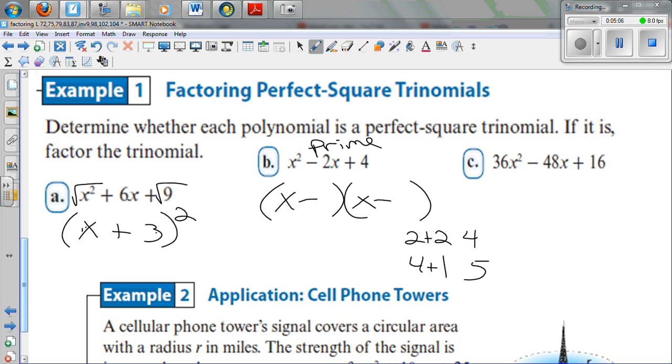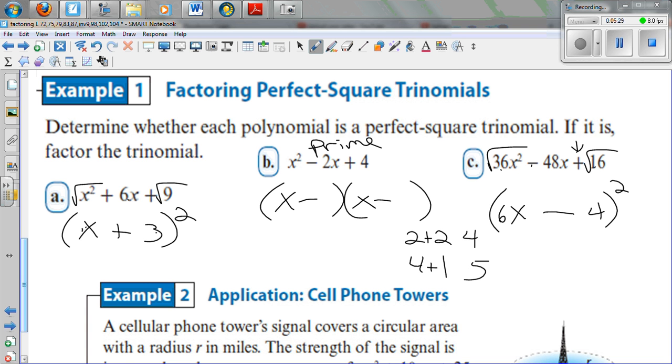Next one. So are the front and back terms perfect squares? Yes, because 36x squared is 6x times 6x. And is 16 a perfect square? Yes, that's 4. And then again, this is positive here, so we're going to add them, but a negative here, so this has to be a negative.